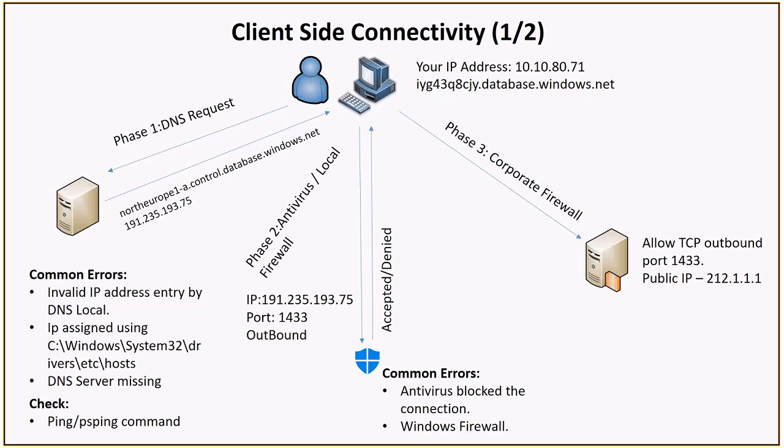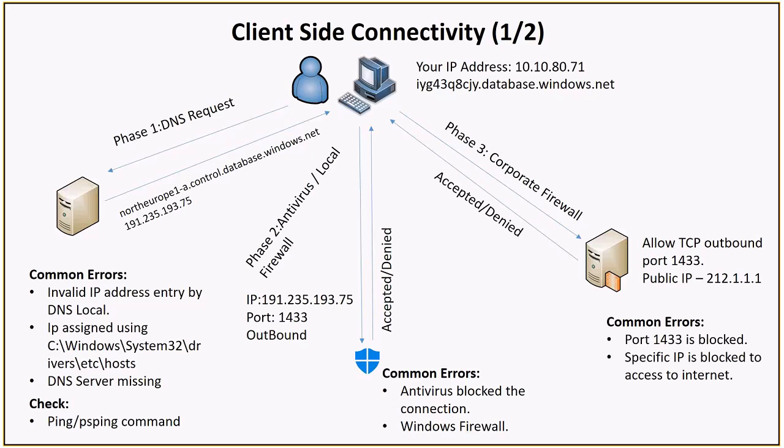If we pass this phase successfully, we go to the third phase, which is the corporate firewall. In this phase, it should allow TCP outbound port 1433 and the public IP address.